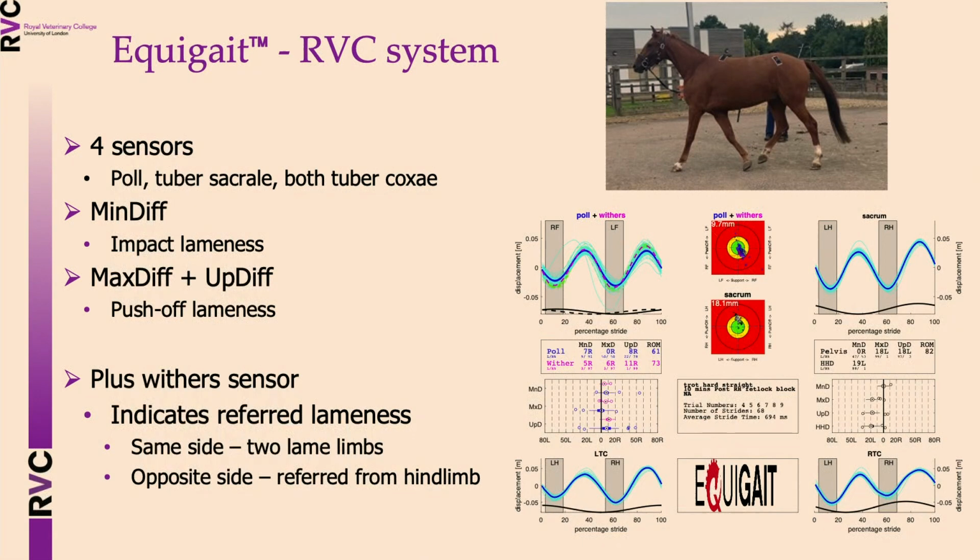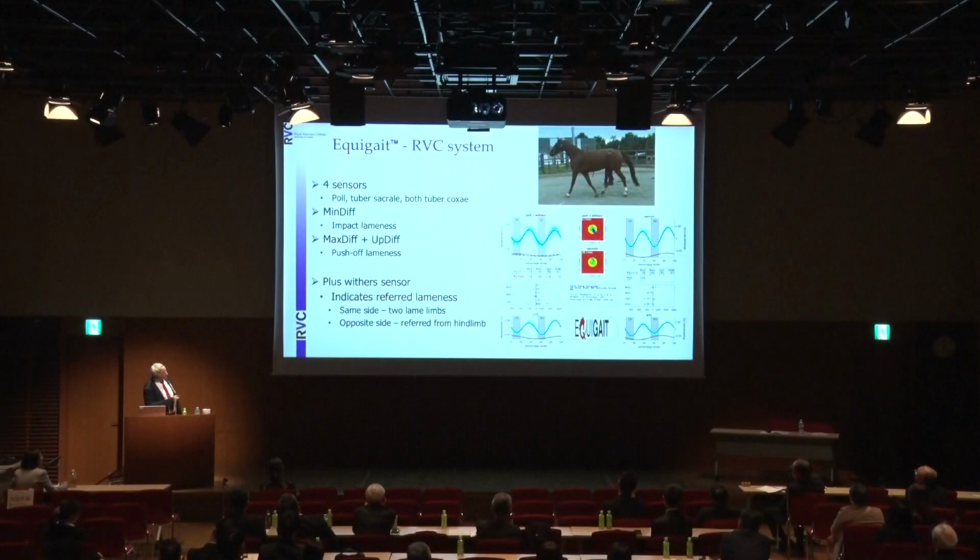But there is a 5th sensor located on the withers that is used to help us differentiate true lameness from compensatory or referred lameness.